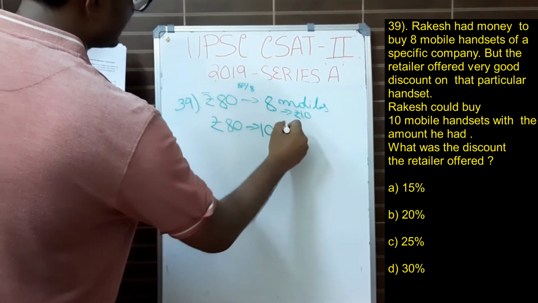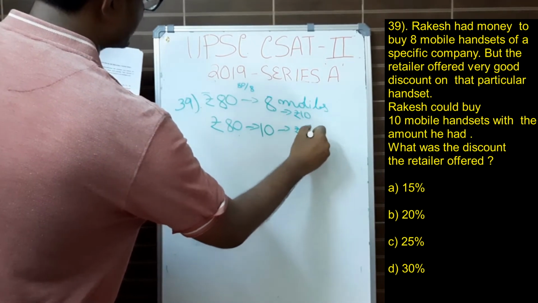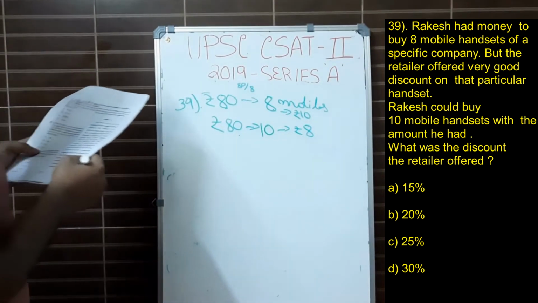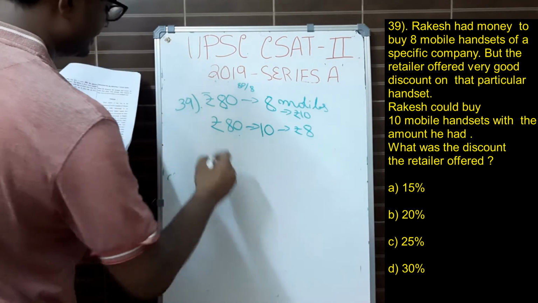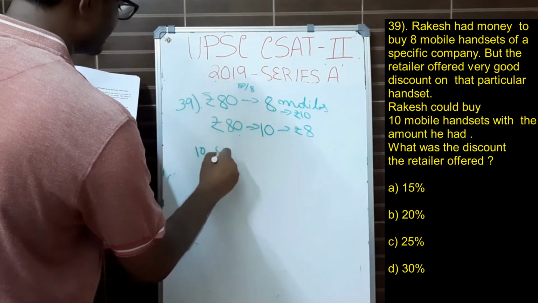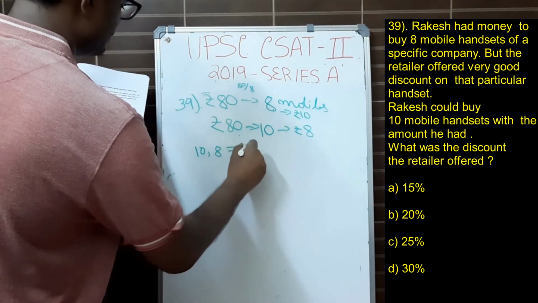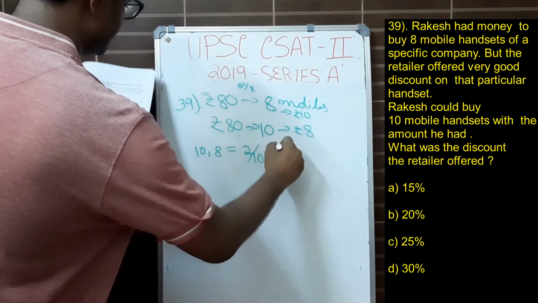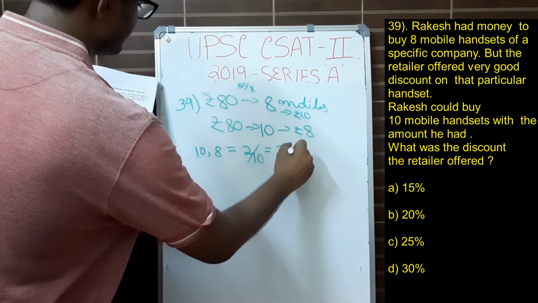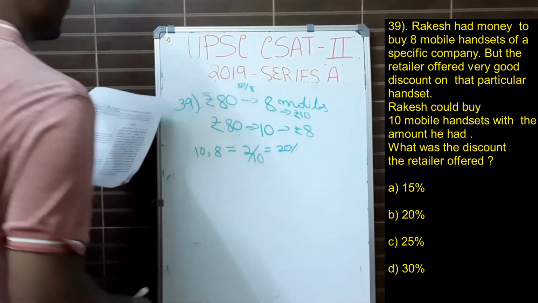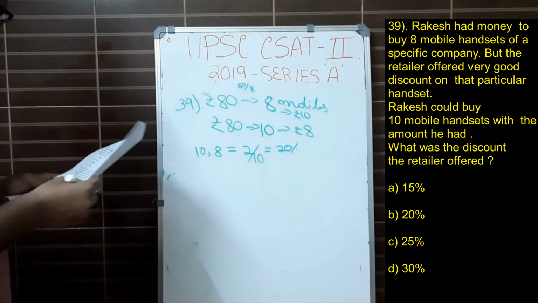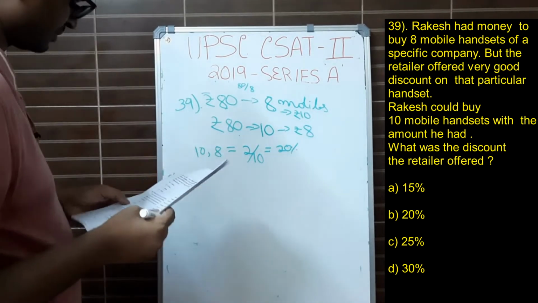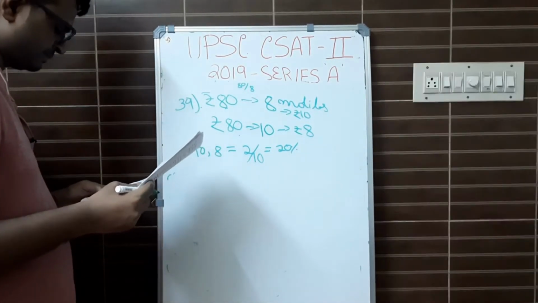And in the second case, each mobile will cost 8 rupees. So what is the discount which is offered? A 10 rupee mobile is being sold for 8 rupees. The difference is 2 upon 10, the original cost, which will give you 20%. So the answer is option B, 20%.